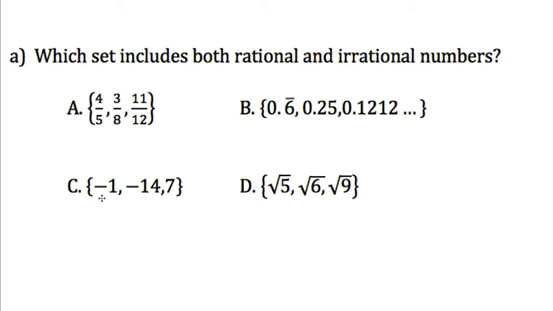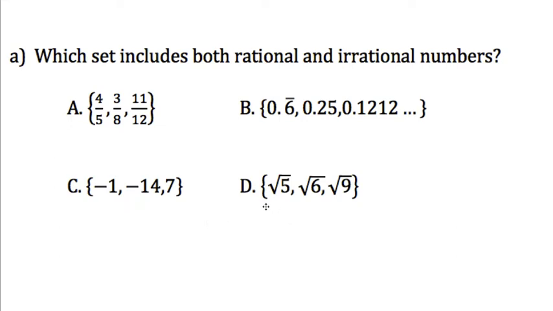Down here for C, we have -1, -14, and 7. These are all integers, but integers can be written as a fraction. We can write -1 as -1 over 1. -14 can be written as -14 over 1, or -28 over 2. 7 is also a fraction, that could be 21 over 3, or 7 over 1. So C, those are all rational numbers as well, so that is out.